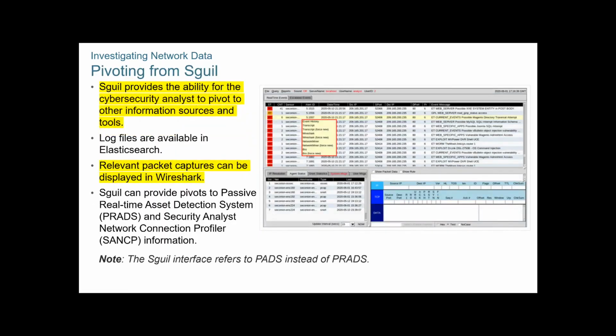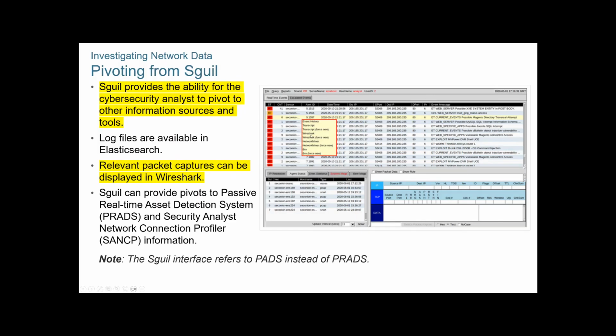Then you can pivot from Squeal, as I referred to before, and you'll do this in the labs in this module, in module 27. So basically, this is just right-clicked, and they'll tell you to right-click on this particular event, and they'll say pivot to Wireshark.